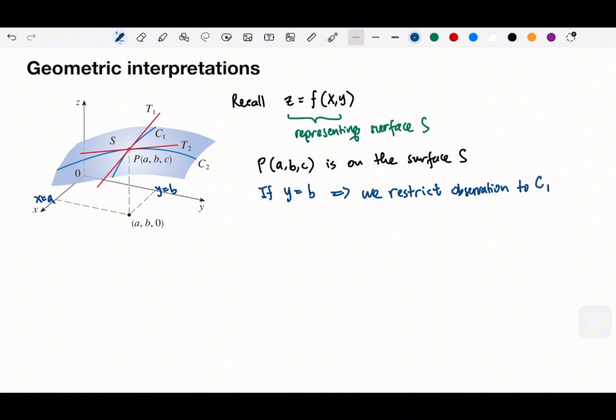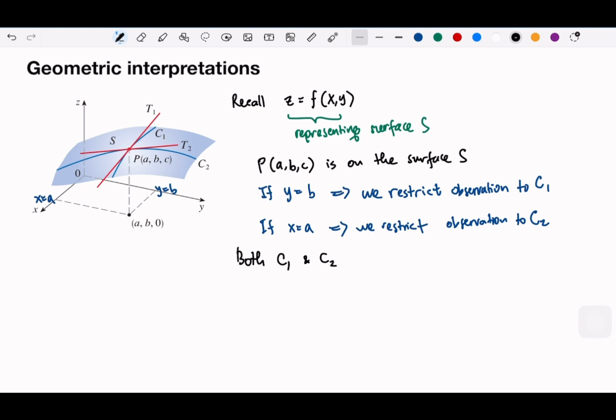Okay, you see the curve C1 on the surface, and if we let x equal a, then we restrict the observations to C2, okay? And both curves, C1 and C2, they both pass through point P, which is the point a, b, c.